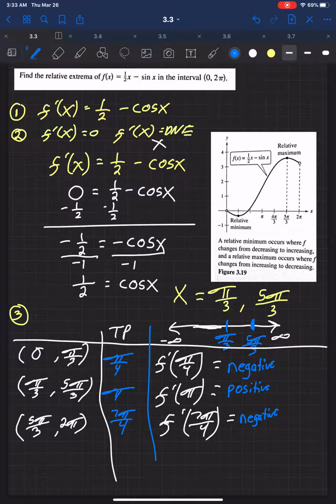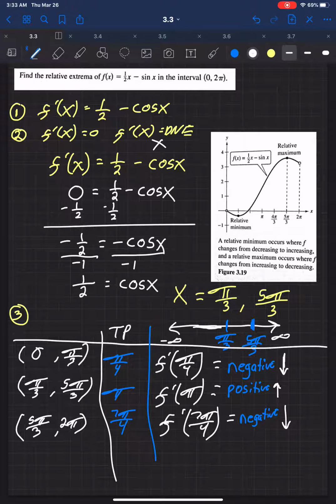Okay, beautiful. So now let's make a statement. Negative slopes tell us that we are decreasing. Positive slopes tell us that we are increasing. And last, negative slopes tell us that we are decreasing.